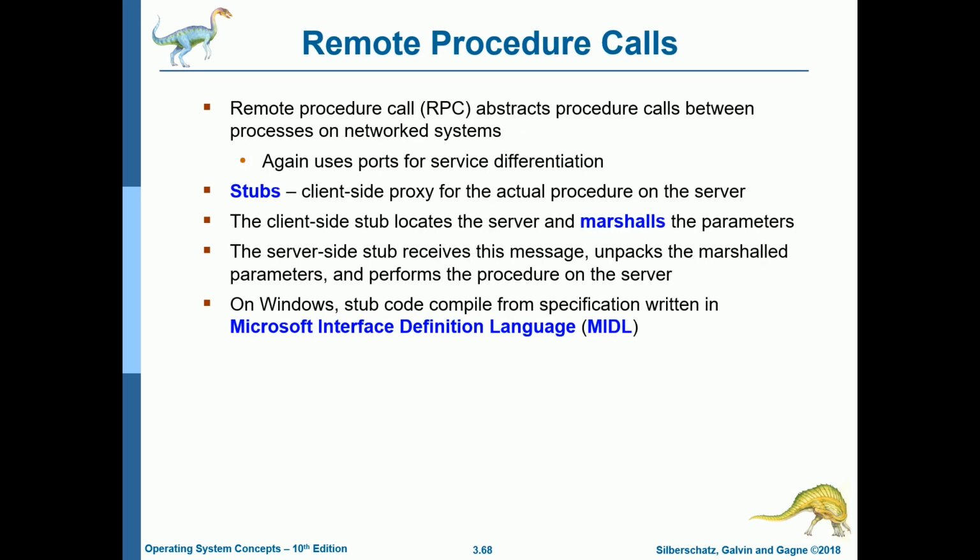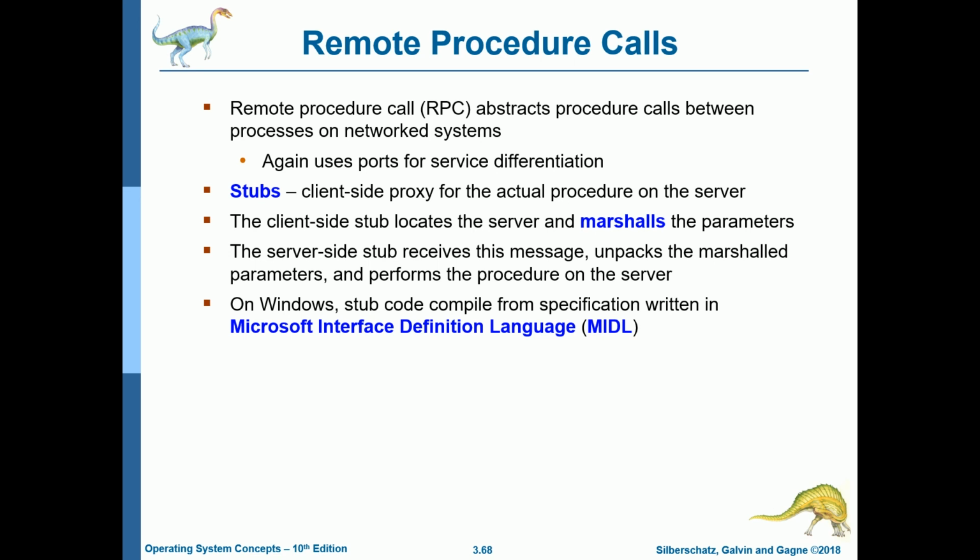One of the most common forms of remote service is the RPC paradigm, Remote Procedure Calls, which was designed as a way to abstract the procedure call mechanism for use between systems with network connections. Keep in mind, a port in this context is simply a number included at the start of the message packet.